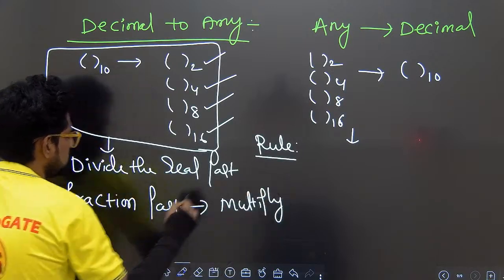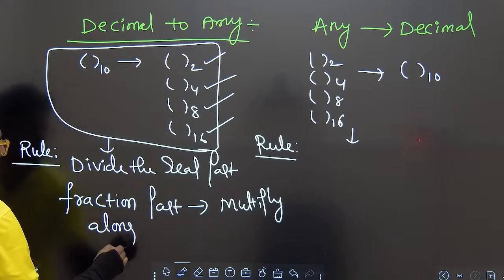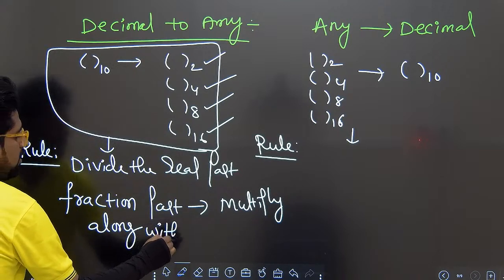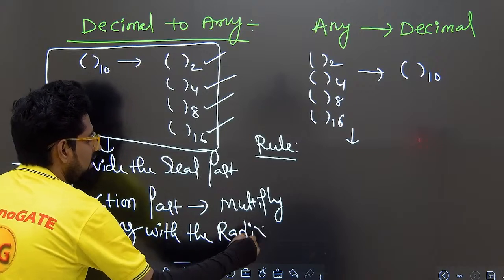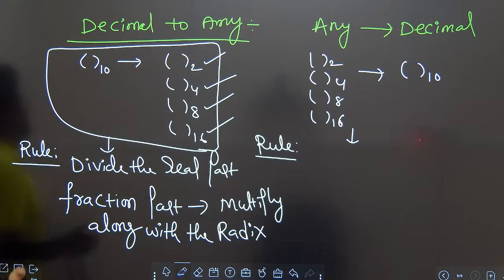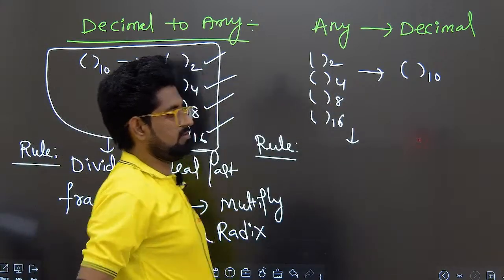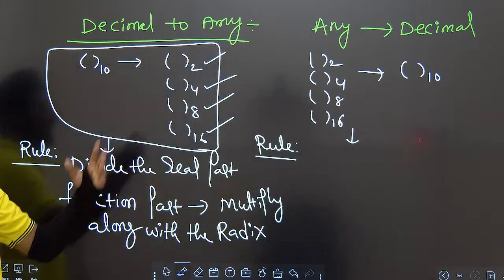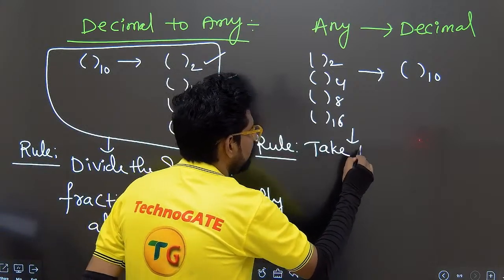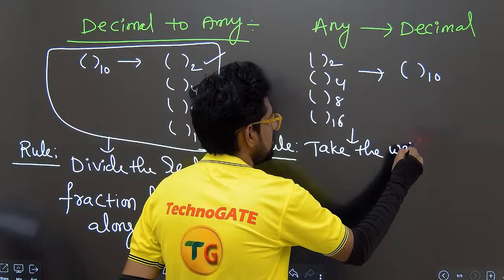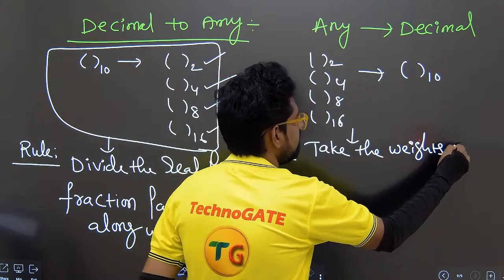These all operations will take place with the radix. I will give you a clear-cut example here after giving the rule. And for the second one, any to decimal, the rule is to take the weights of radix.